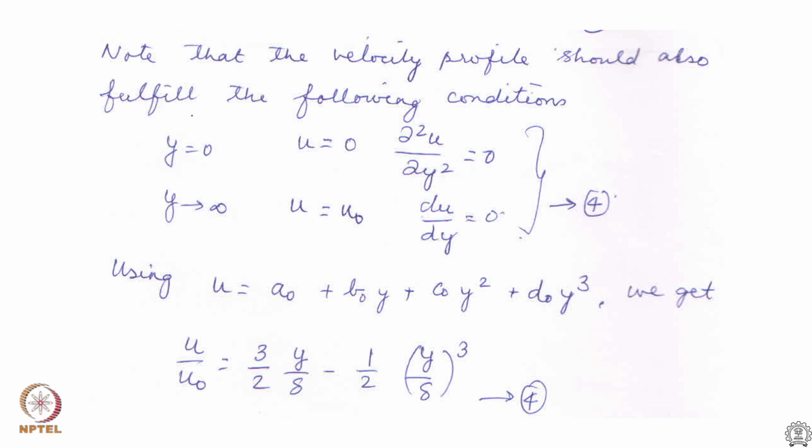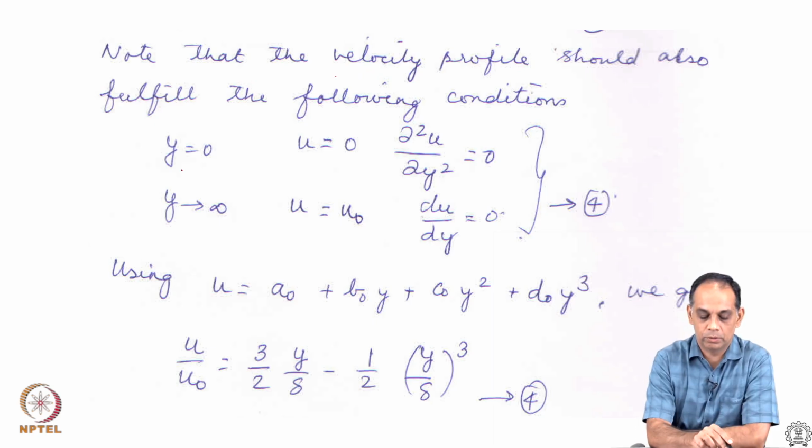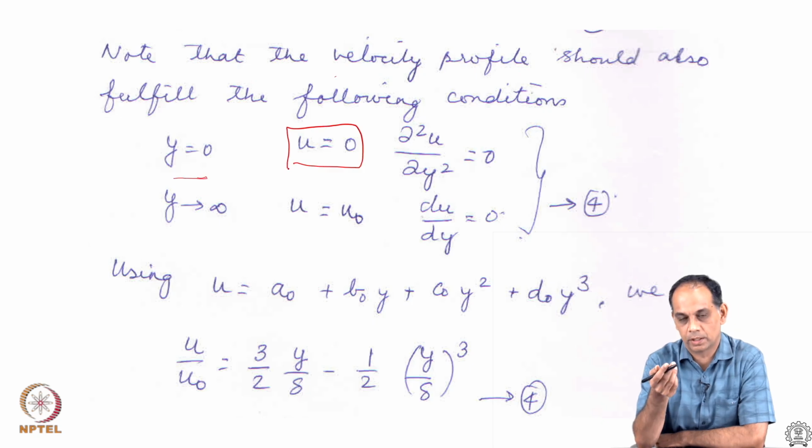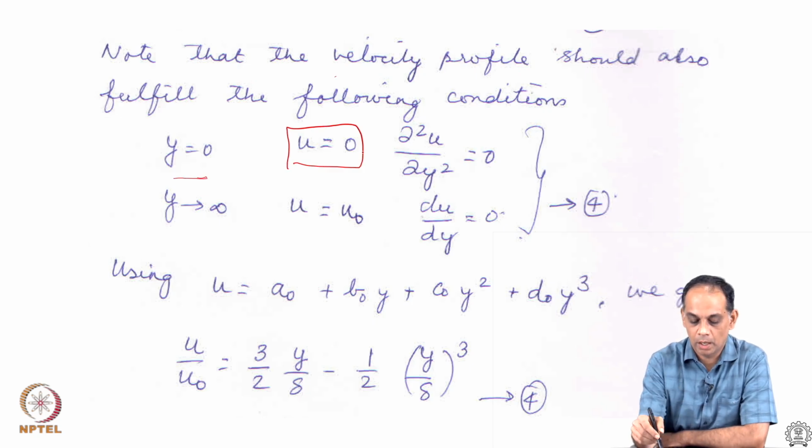In the past integral method, for the momentum or the velocity boundary layer or velocity profile, we use the conditions y equal to 0, at the wall the velocity is 0, because the plate is assumed to be stationary. So, it is 0, and the second derivative, partial derivative is also 0.